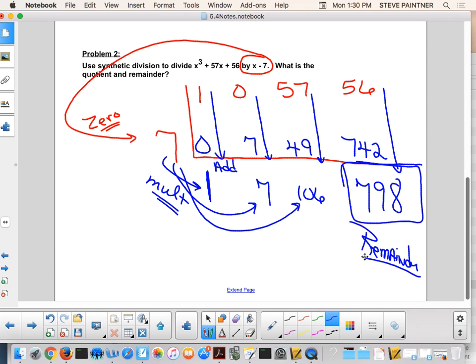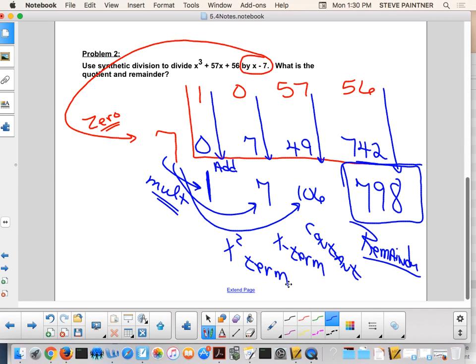Okay, the next number you're looking at to the left of that is called the constant. This 7 is the coefficient in front of the x term. 1 is the coefficient in front of the x squared term. And now, that is your answer you're staring at.